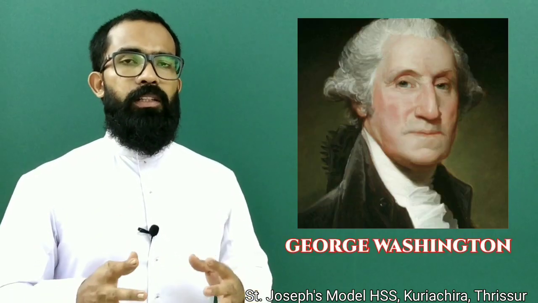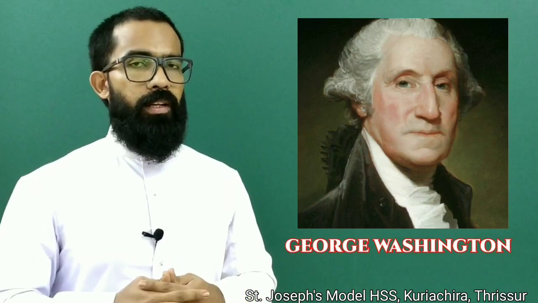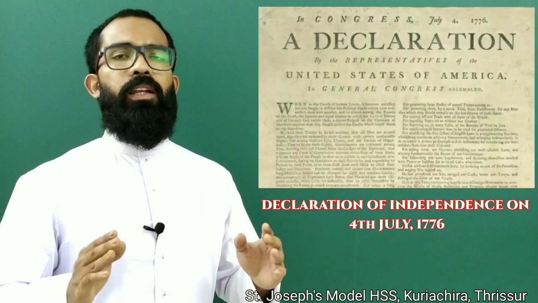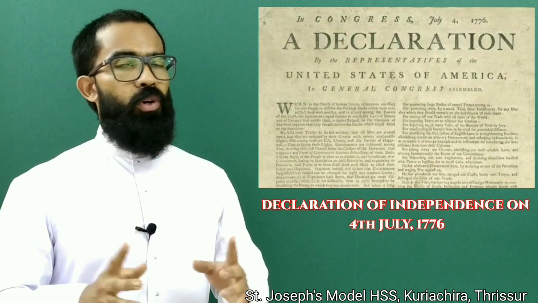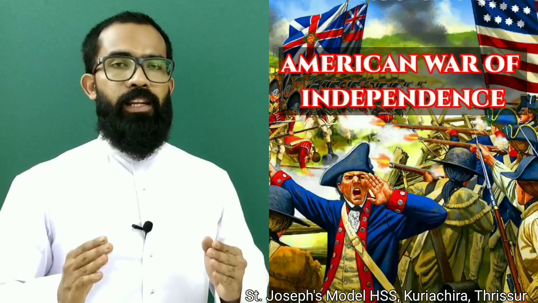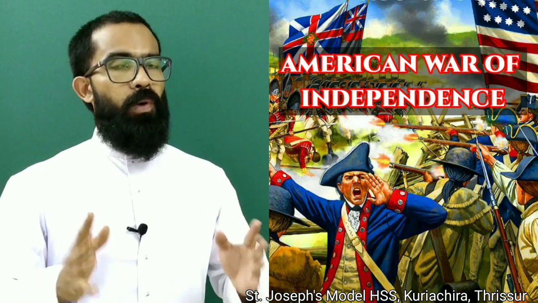They selected George Washington as the commander of the Continental Army. The American Continental Congress issued the famous Declaration of Independence on 4th July 1776. The war between England and the 13 colonies that began with the Declaration of Independence ended in 1781.